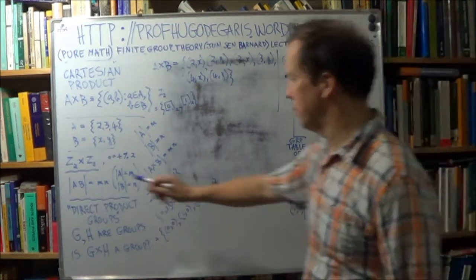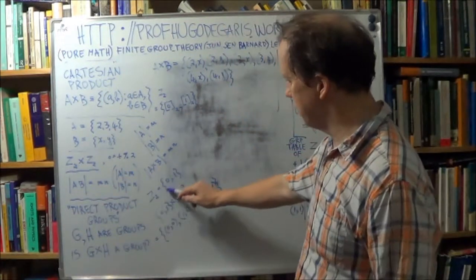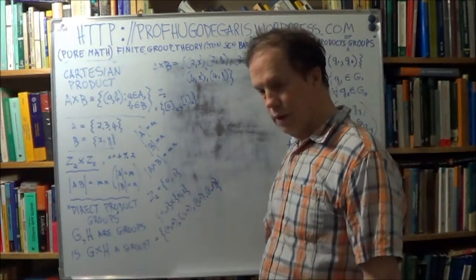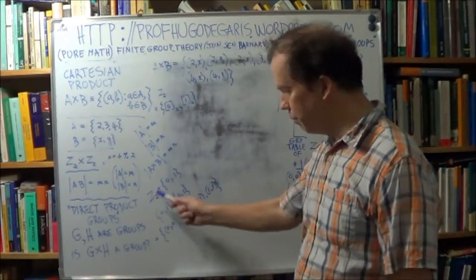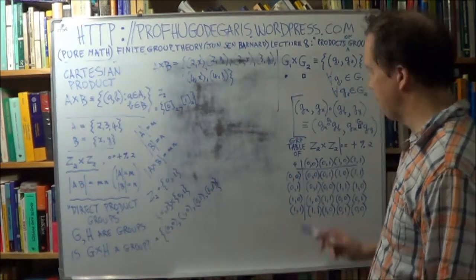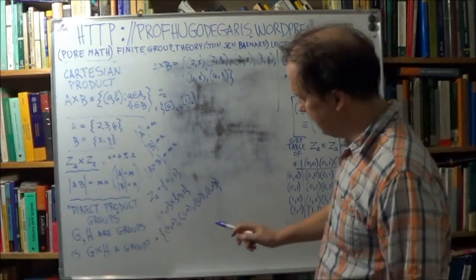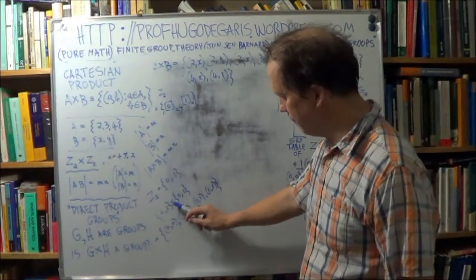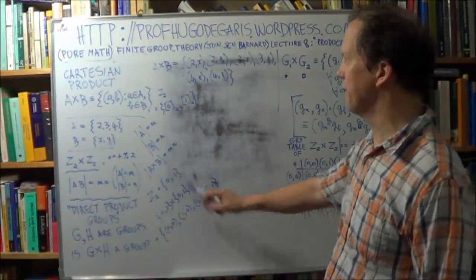Okay, Z2. Here it is. And what is Z2? It's just this very simple group of order 2, just two members, 0 and 1. Now the product, we're going to call it a direct product or a Cartesian product.